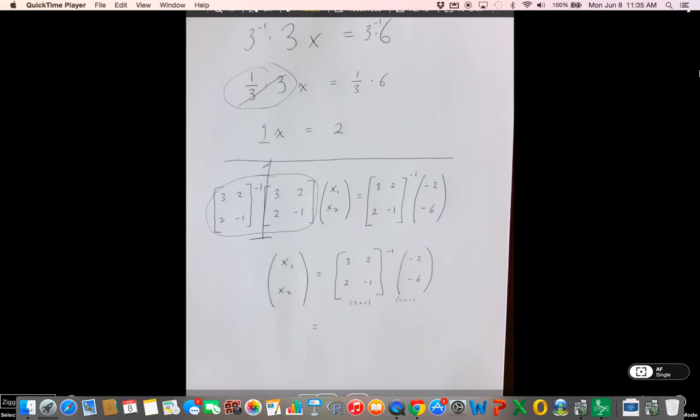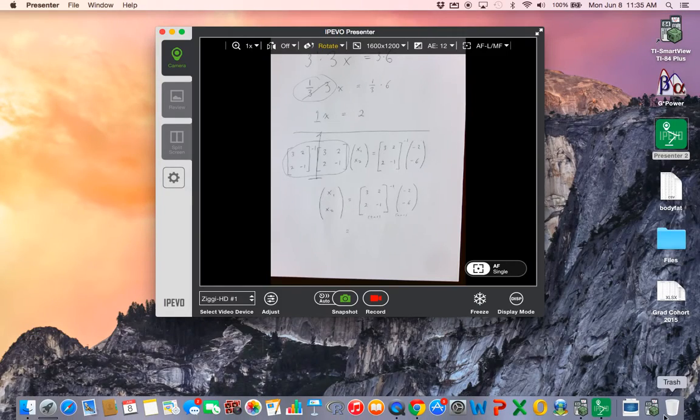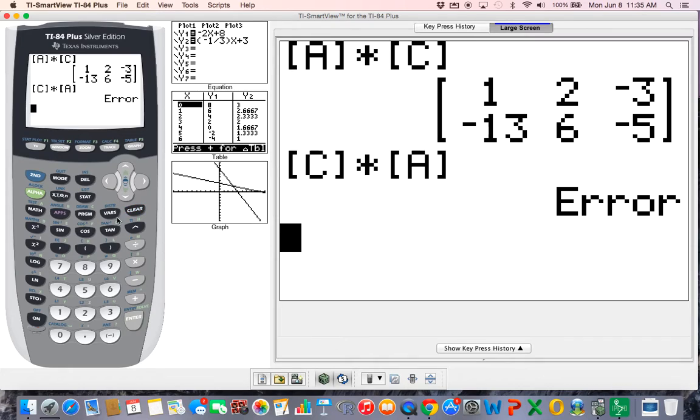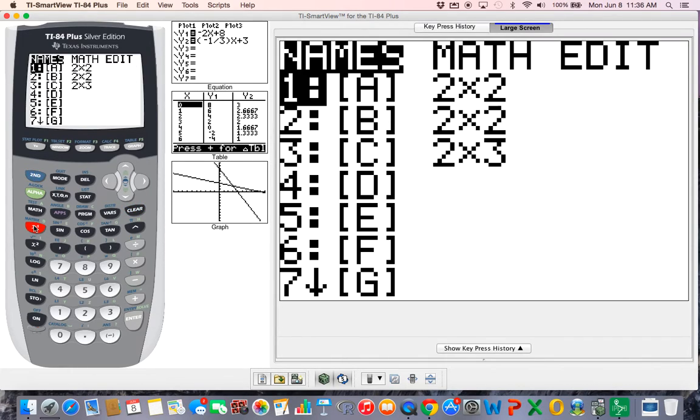Now, let me show you on your calculator how to do that. What I'd want to do is clear all this out, and go in and create a matrix.